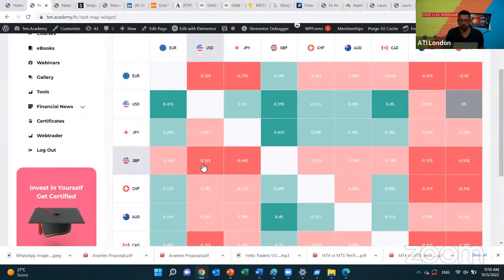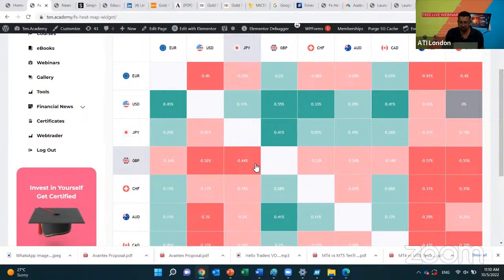So GBP against USD is bearish at negative 0.52%, meaning GBP is on the sell side, and the same goes for GBP JPY, and not the other ones, not GBP Euro, GBP CHF, GBP AUD, because they are not highlighted, so they're not really active at this moment. So it's probably best to only look at the bright red or bright green ones. So GBP versus USD, GBP versus JPY.